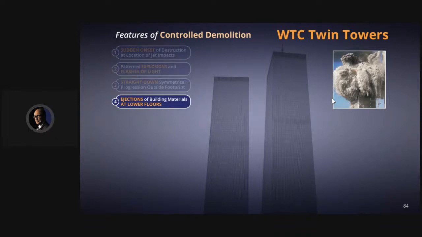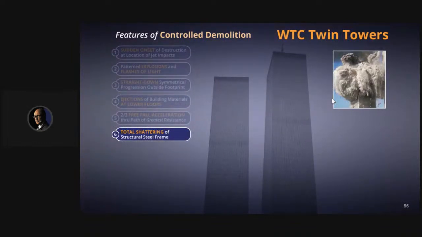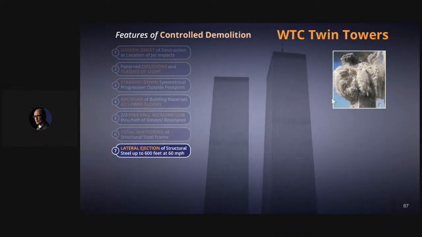Ejections of materials at 80 miles an hour out of the building, explosives, squibs, isolated explosive ejections. We looked at the free fall acceleration or near free fall, straight down through the path of what should have been the greatest resistance, and the total shattering of the structural steel frame, which the NFPA 921 Guide for Fire and Explosion Investigation calls evidence of high order damage.